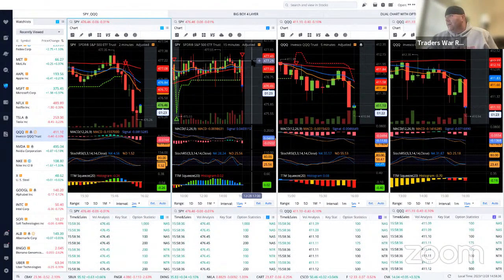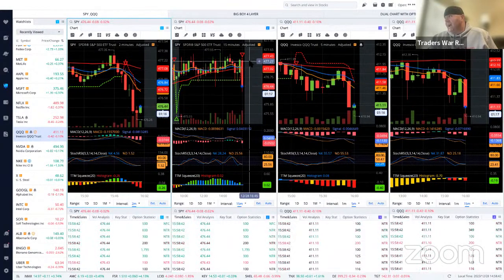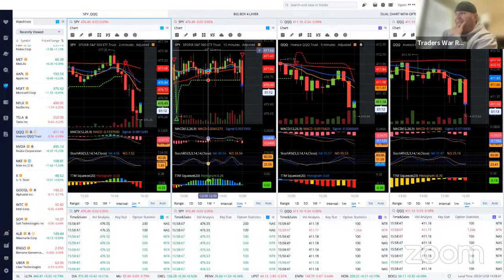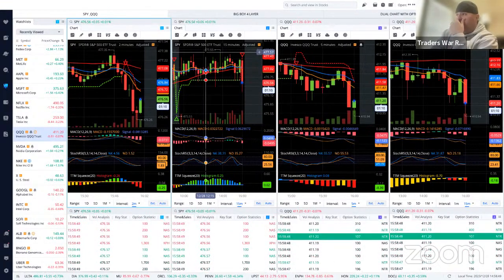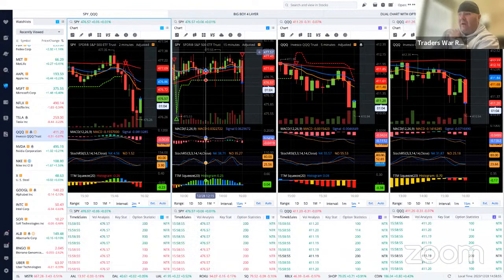Would we have loved to have grabbed this 477 all the way down to 476 put? Yeah, absolutely, man. But at some point you have to make a decision based off of what you see on the chart, and it's not always going to be right.